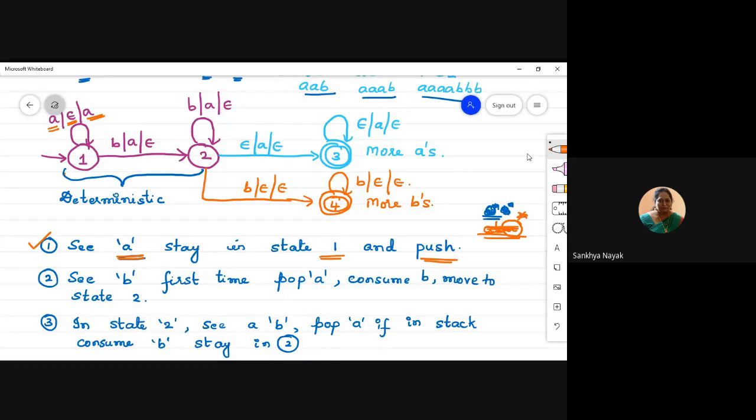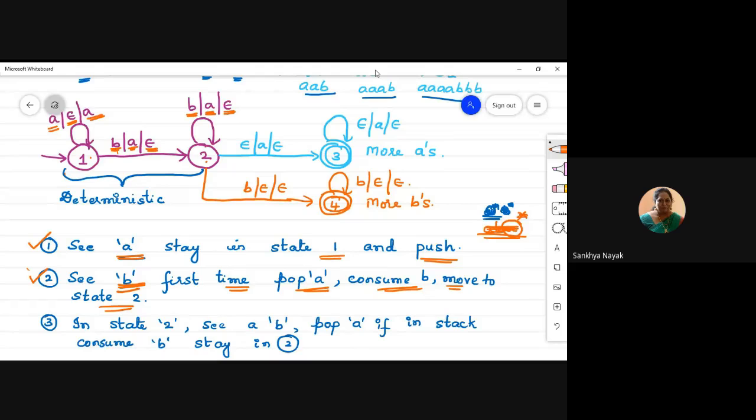When I see the first B, if the top of the stack is A, then pop it, and also make a state change from 1 to 2. So if you see B for the first time, pop A, consume B, and move to state 2. Once you are in state 2, if you get B as input, and if there is A in the stack, we are going to pop it.